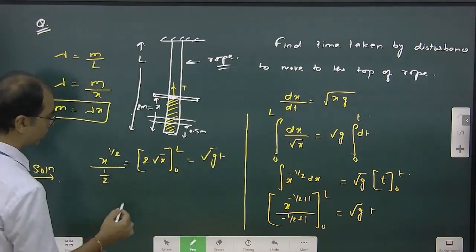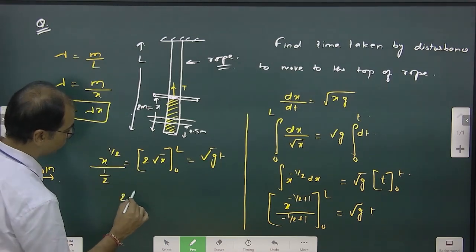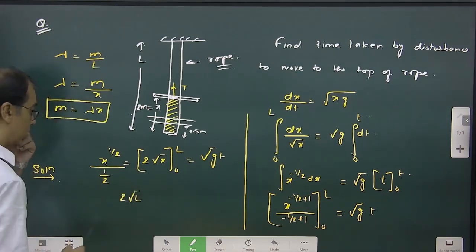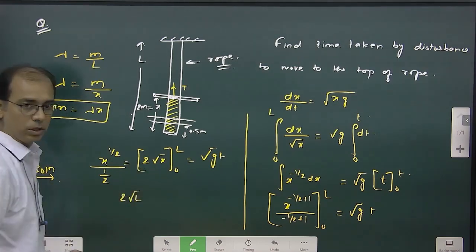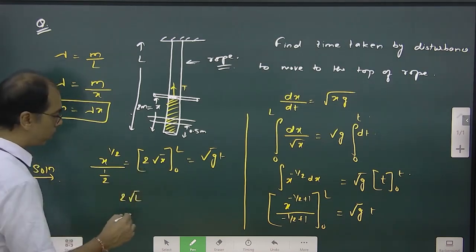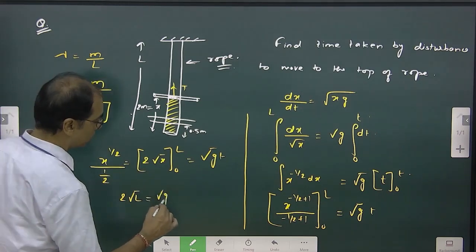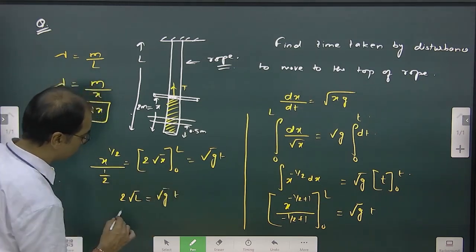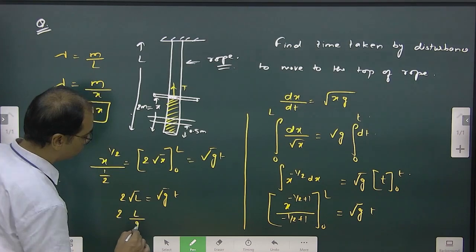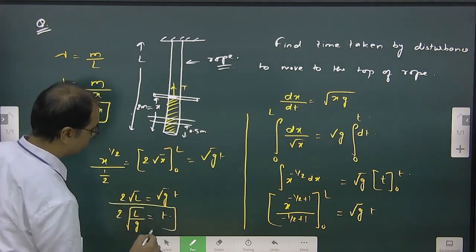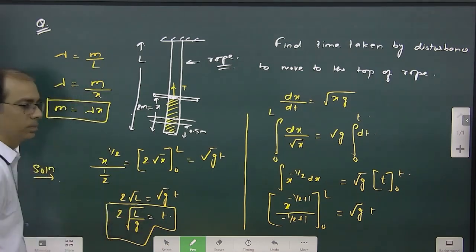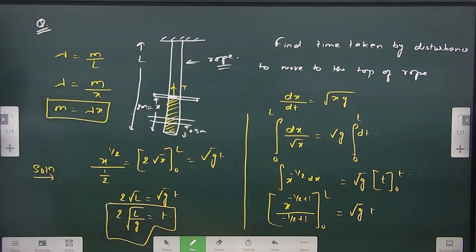Put the limit in this: 2 root L minus 2 into root 0, that means over, equal to root g and t. So the answer is 2 root over L by g equal to t. This is the time taken by the disturbance to reach the top.